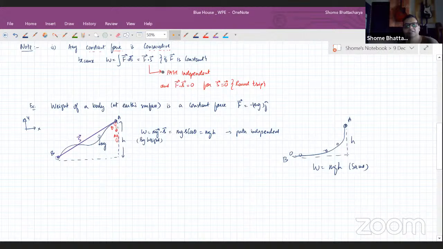So as long as this h is same, work done by gravity in any round trip will be zero.